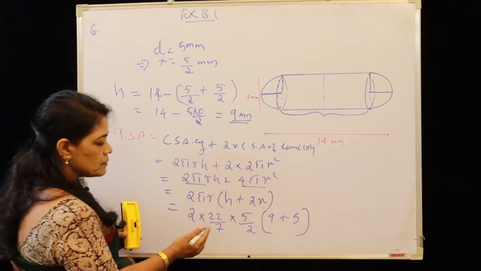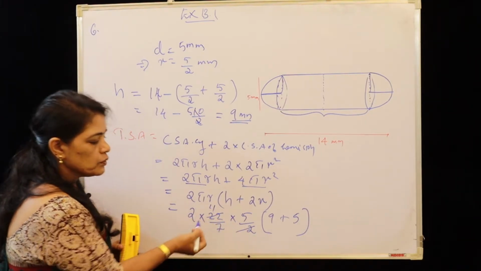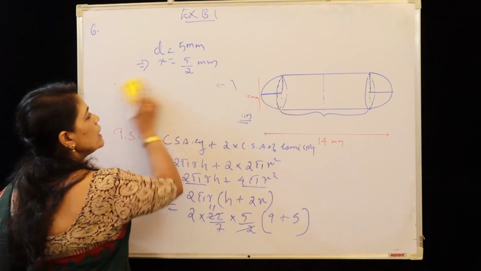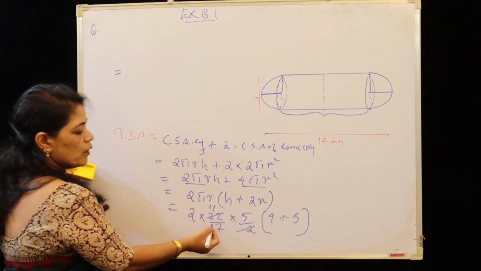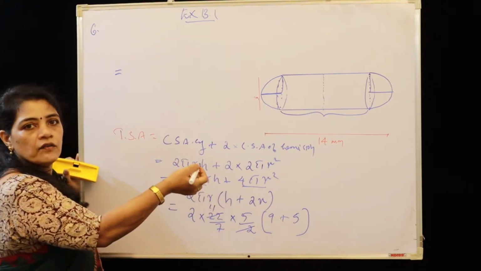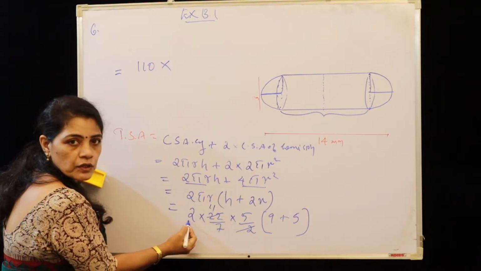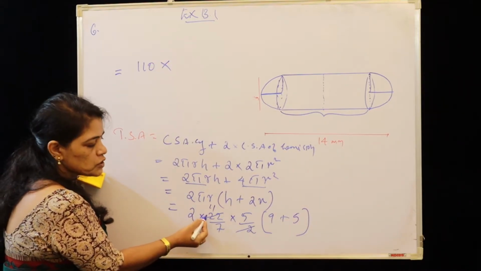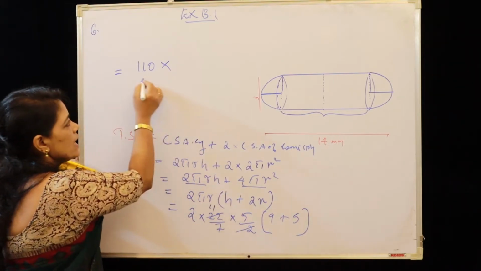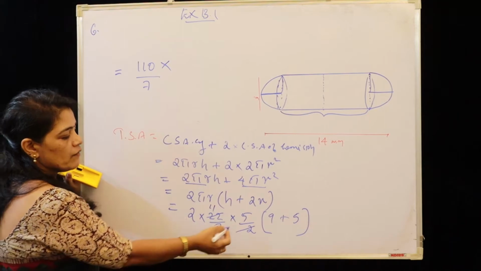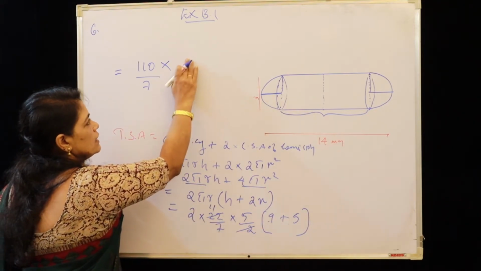Okay, and you can cancel, that is 11 times, so 2 can be cancelled. So this is equal to 22 into 5 is 110, and here 7 divided by 7, and 9 plus 5 is 14.